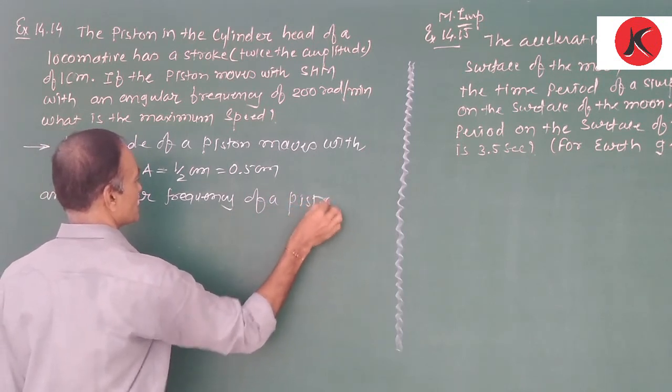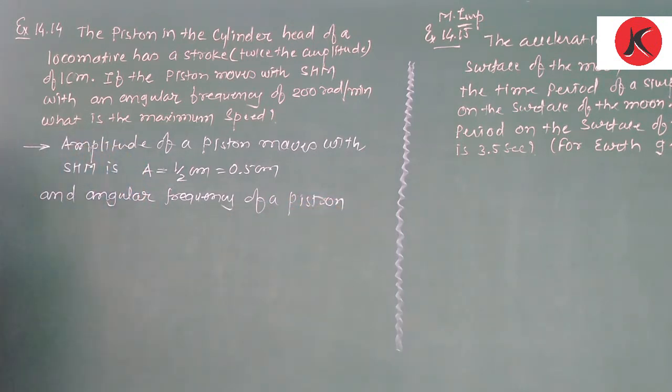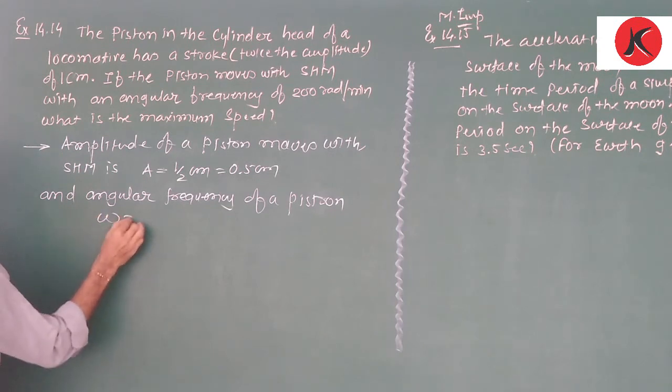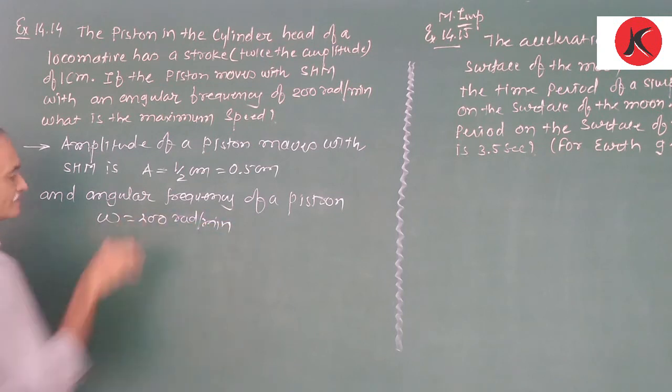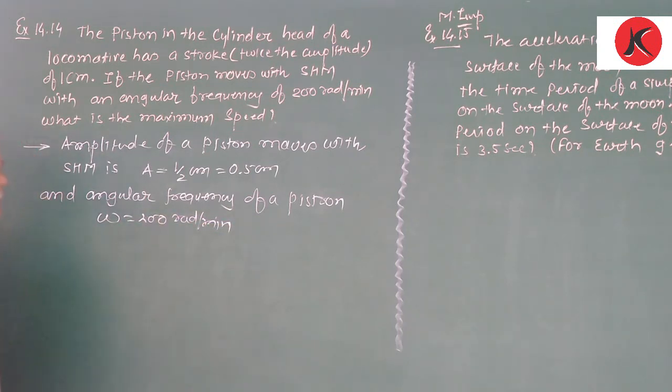Angular frequency is actually the angular speed. Omega is given as 200 radian per minute. Right?